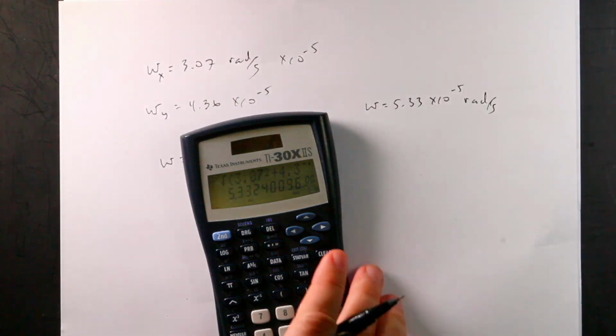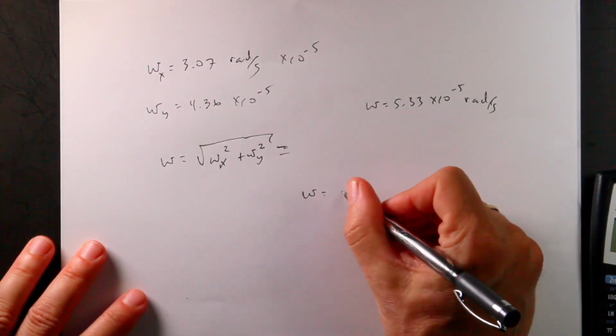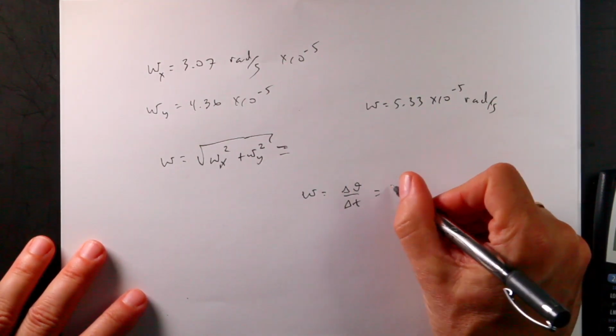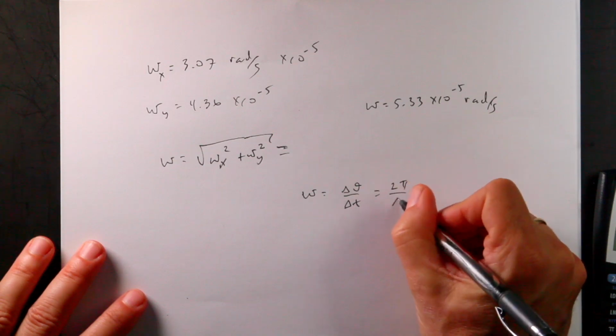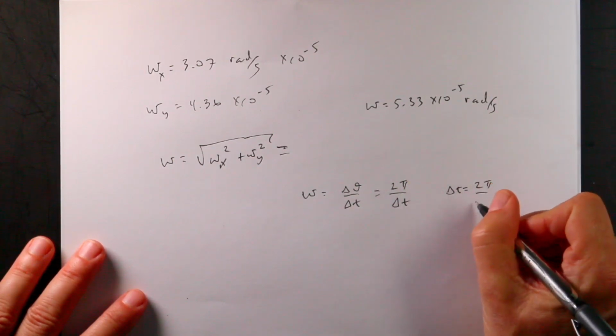So based on that, how long would it take the Earth to rotate? So let's say omega is delta theta over delta t. Let's say delta theta is 2 pi, that's one rotation, over delta t. So delta t would be 2 pi over omega.